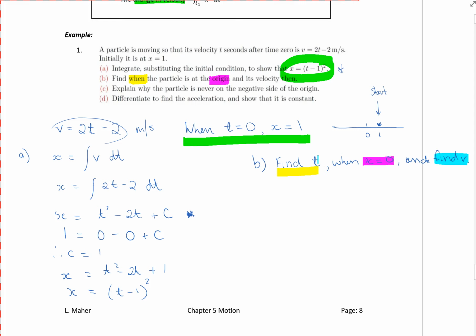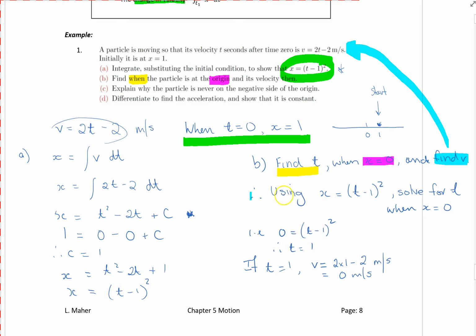Remember, we were given an expression for velocity, so we won't need to find that. We were given velocity. We found our displacement. It's just we've got to find what value of t to sub into here. Okay, so using our expression for the connection between these two, find t when x is 0, my equation connecting those is x equals t minus 1 all squared.